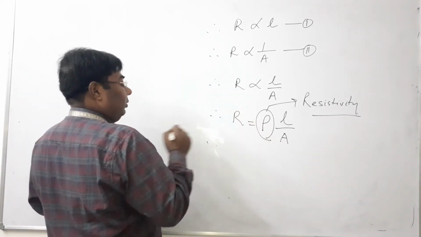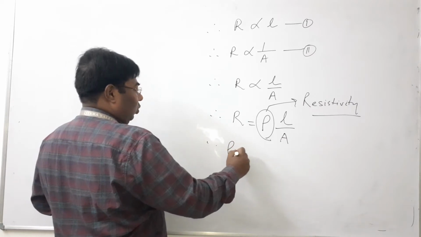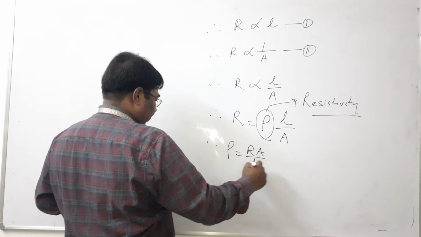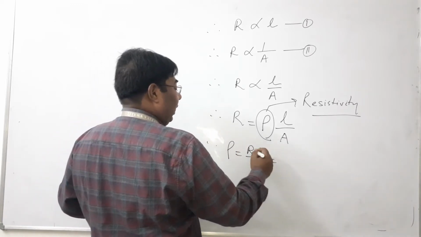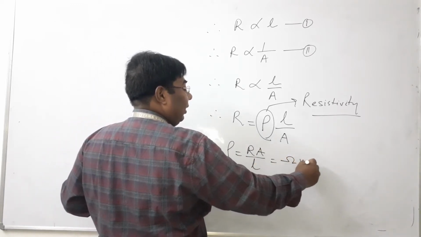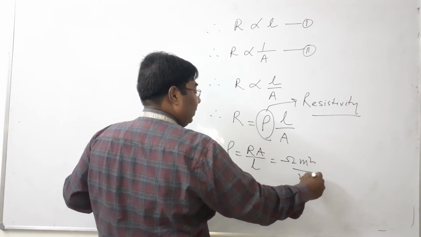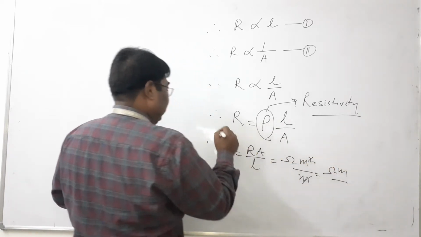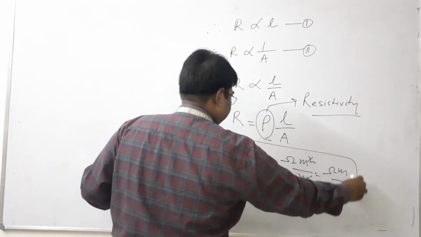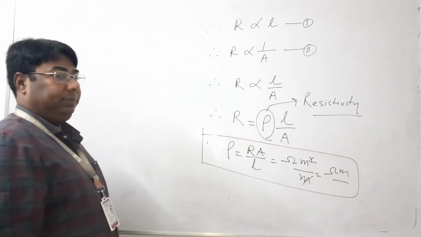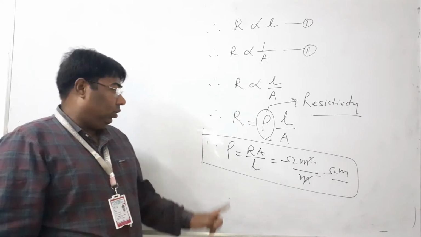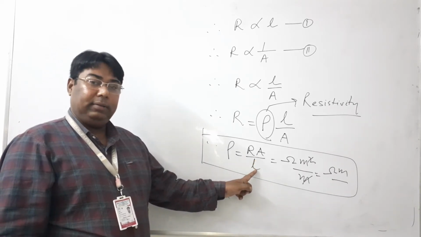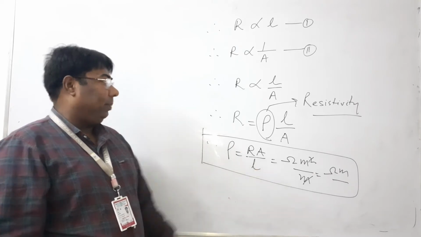Now, rho is equal to RA by L. The unit of R is ohm and area is meter square, so meter cancels, and ohm meter is the unit of resistivity. So resistivity is equal to RA by L. Next topic.